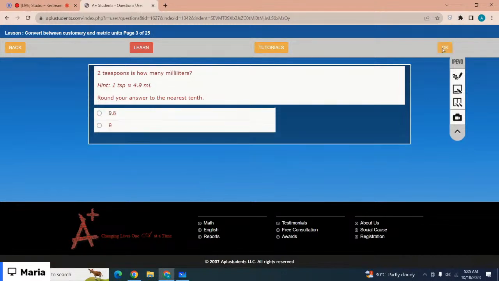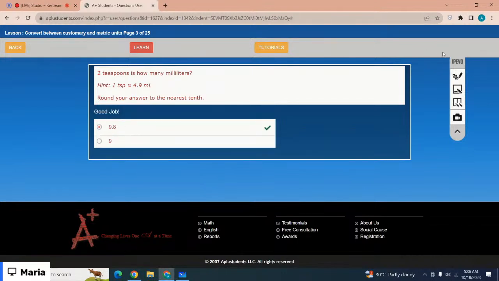Okay, 2 teaspoons is how many milliliters? Which is the correct option? 1 teaspoon equals 4.9 milliliters. You have to do 2 times 4.9. So 2 times 4.9 is 9.8. The correct option is 9.8.